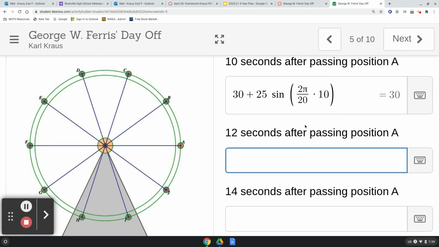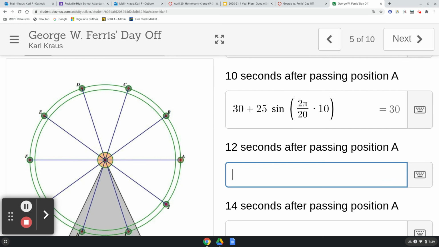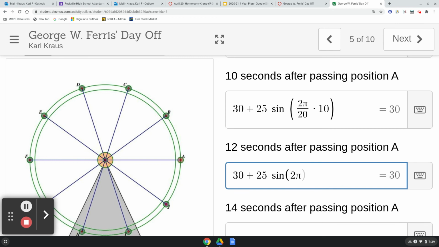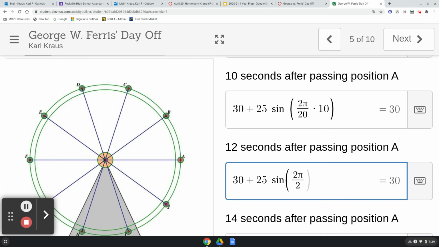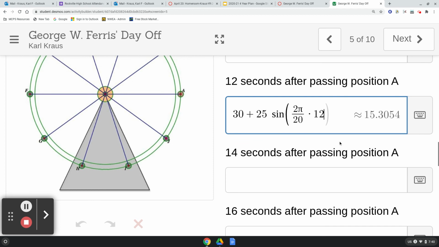12 seconds. Well, 10 I did in class. That's right over here at F. I'll be at 30. And then times 12 here. I got 15.304.